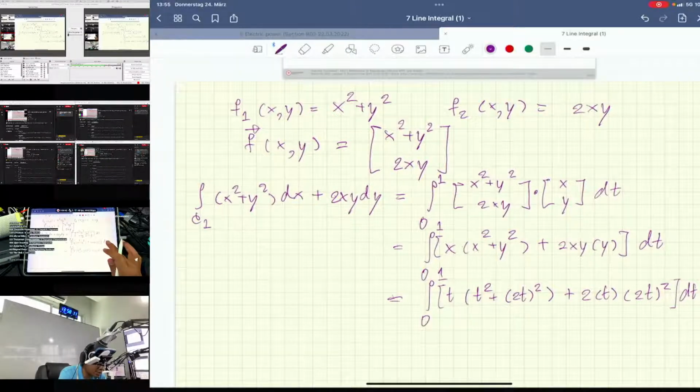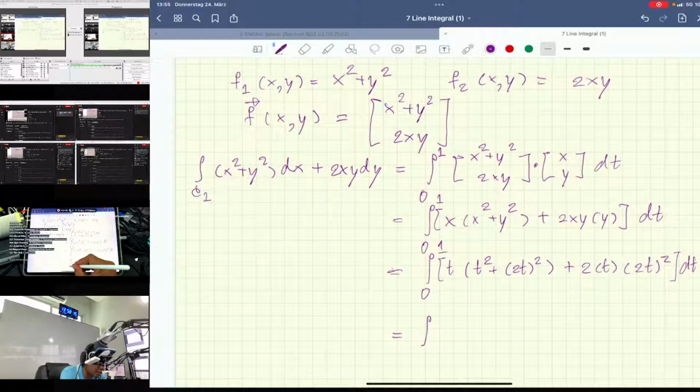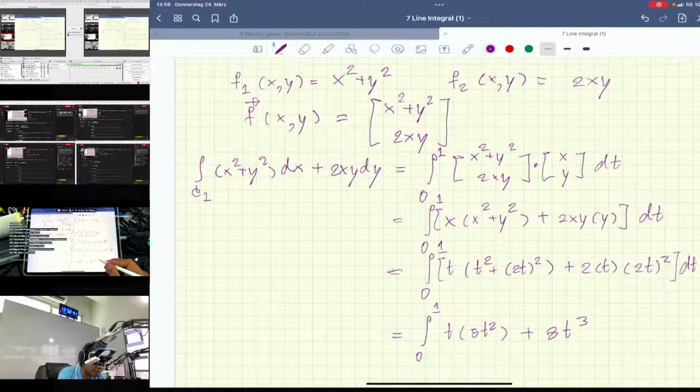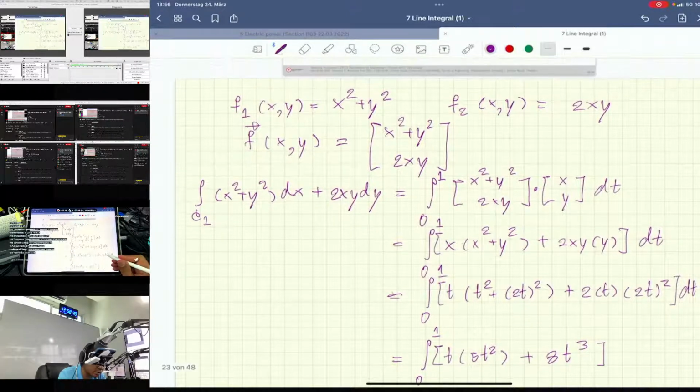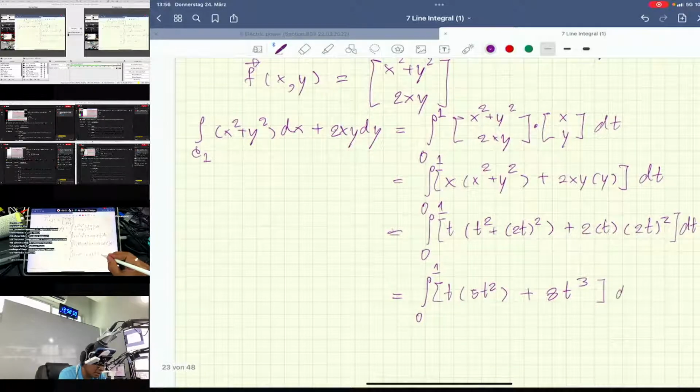Let's go ahead with that. Integration 0 to 1. And here is t times 4t squared, right? It's 5t squared plus 4t squared. You have here 8t with the power of 3, and open and closing parentheses dt.